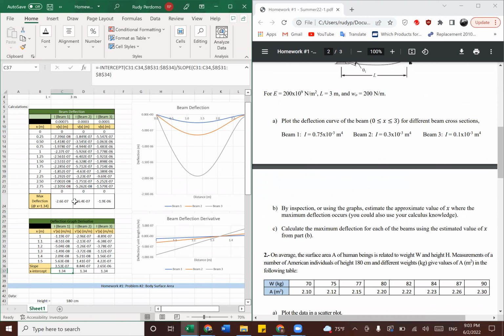And then now pretty much you just take the same formula that we did here, but you see how instead of evaluating at one of these points, we're going to evaluate it at 1.34. So this is going to be our x value right here. So at this x, where the maximum point of deflection occurs, the maximum deflection is 2.6 times 10 to the negative 7.